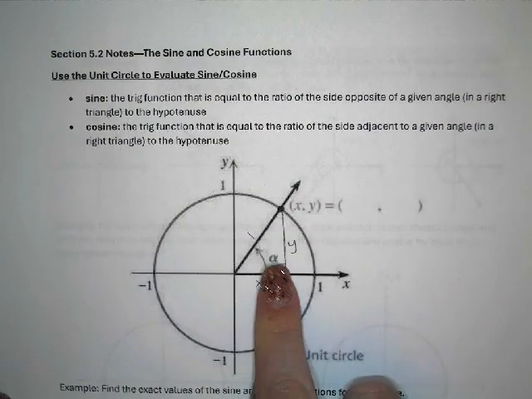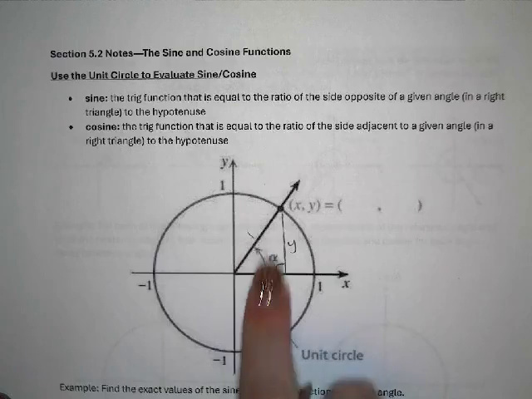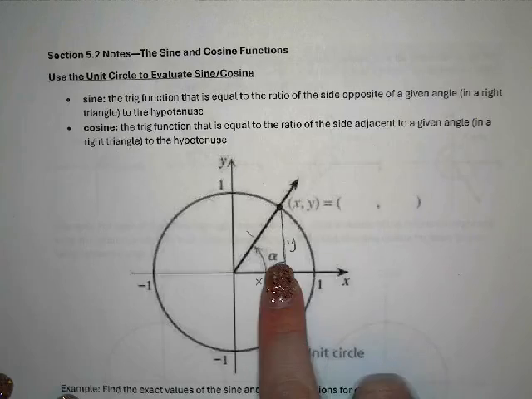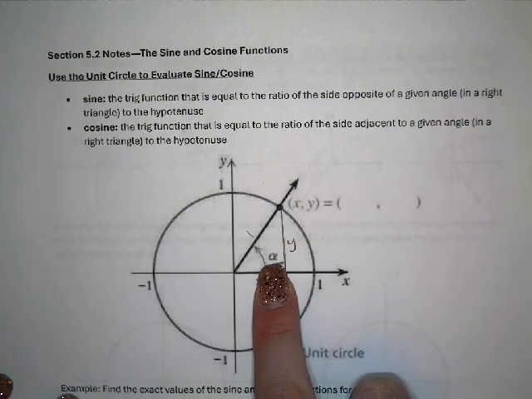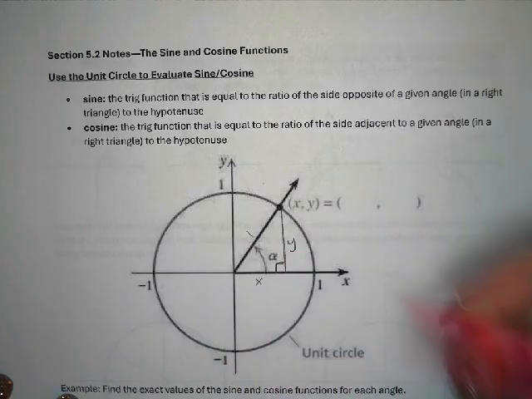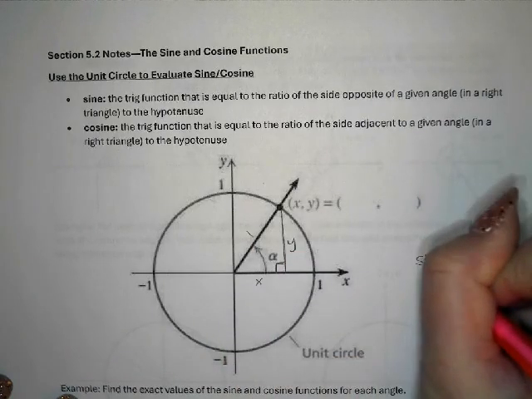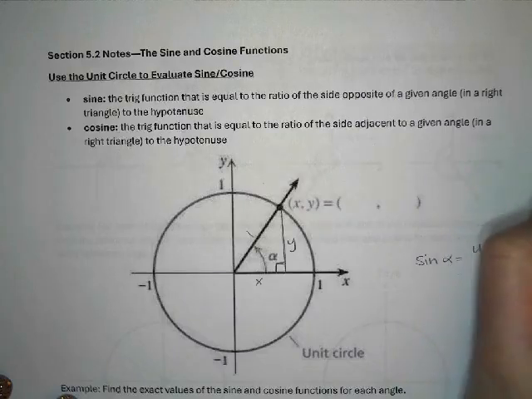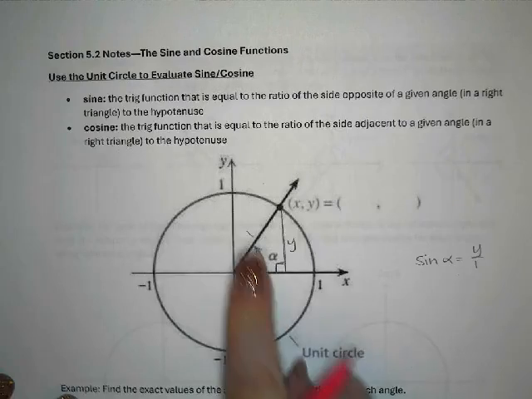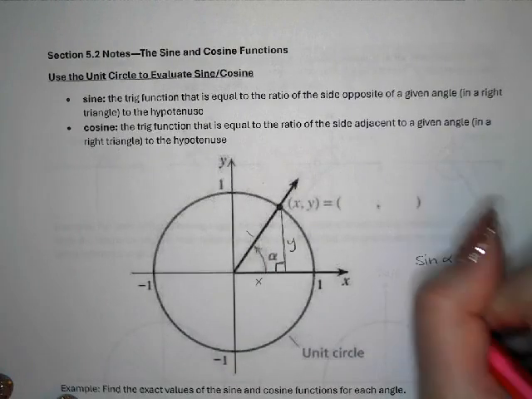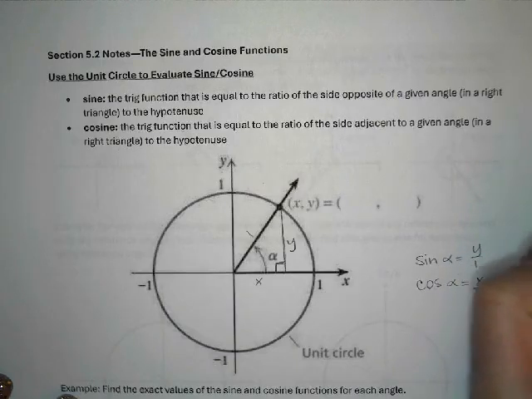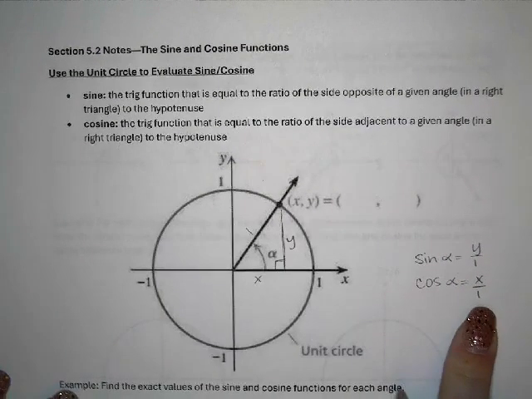They told you this angle measurement is alpha. So sine of alpha would be opposite over hypotenuse, which would be y. And cosine of alpha is adjacent over hypotenuse, which would just be x.